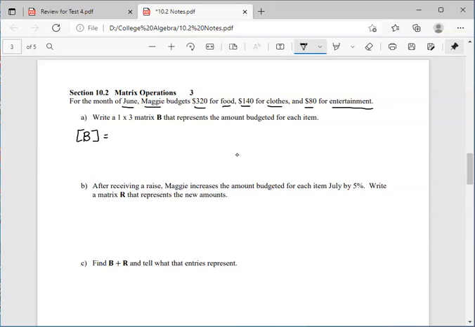A matrix is just a fancy way of organizing data, and so it kind of looks like a table in a lot of ways. So if I wanted to organize this, the first thing I would say is, okay, we're really talking about June, the June budget.